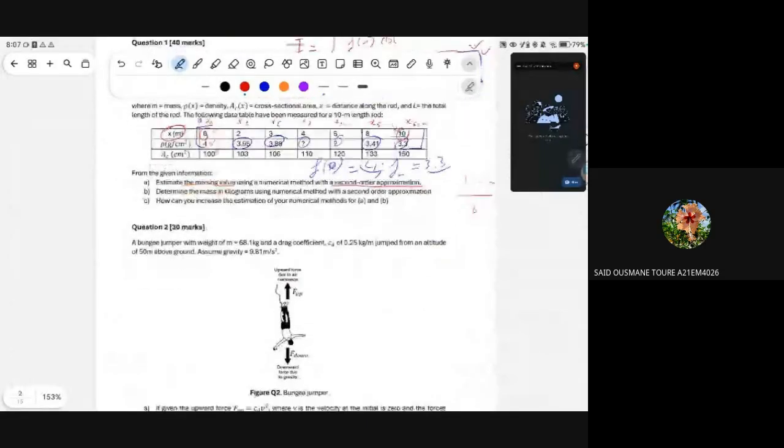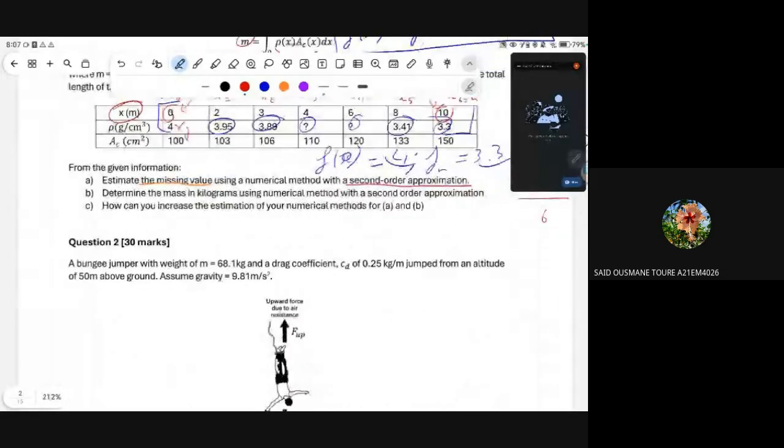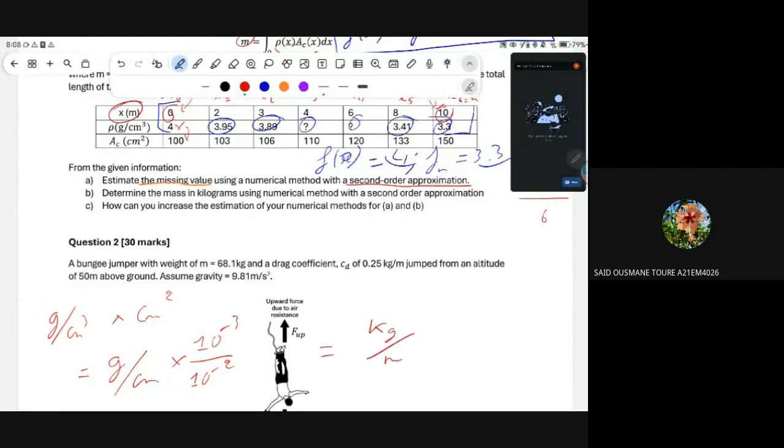So here, kilogram per centimeter cubed times centimeter squared equals gram per centimeter times 10 to the power of minus 3 over 10 to the power of minus 2, equals kilogram per meter.